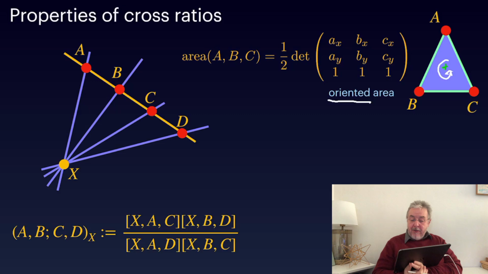Well, do we have to care about the standard embedding? Not really, because the cross ratio was invariant under arbitrary projective transformation and under rescaling of the points.